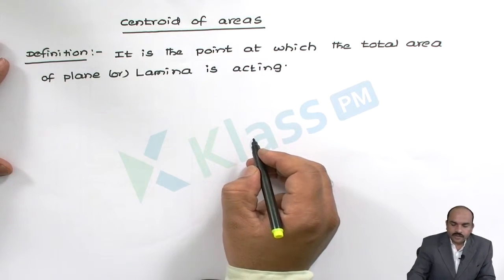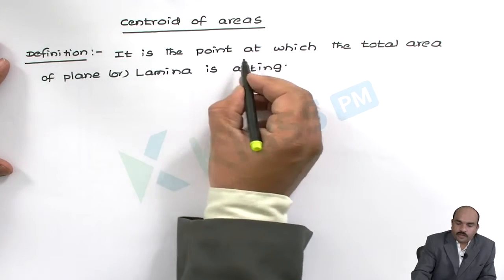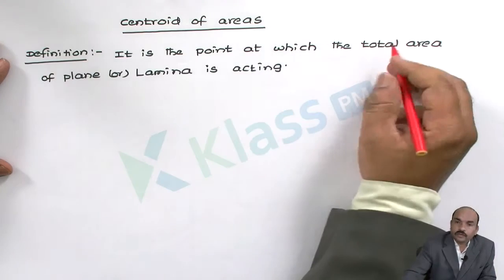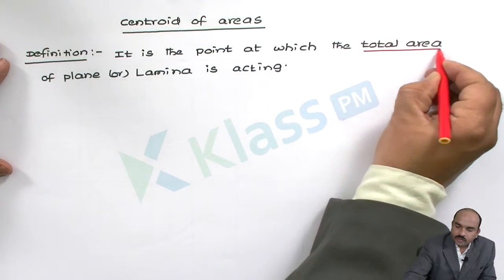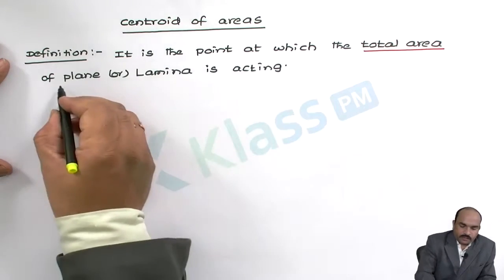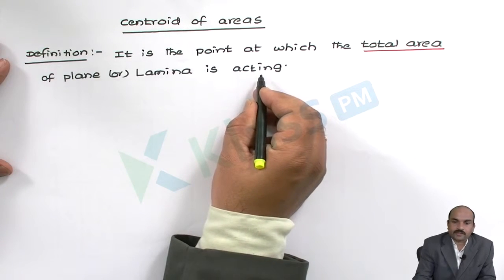So this is the definition of centroid of areas. We have to remember it is the area, the total area of a plane or lamina that is acting.